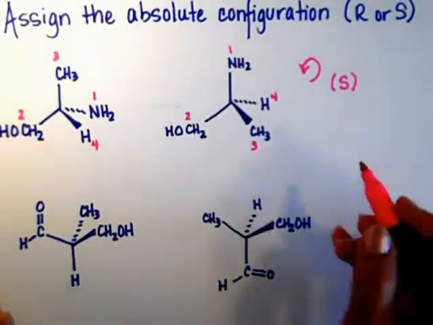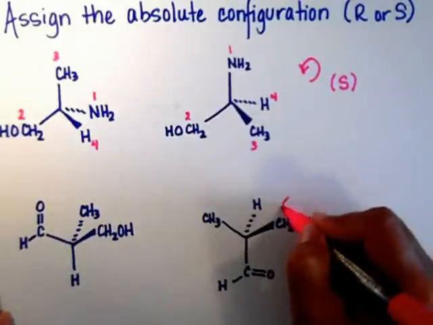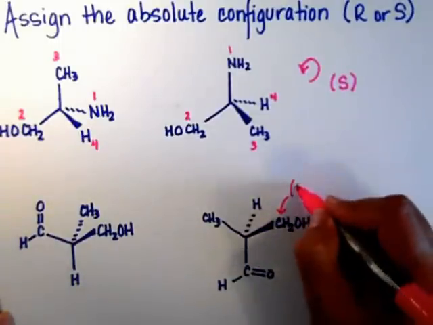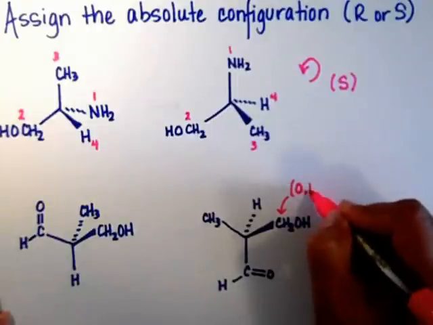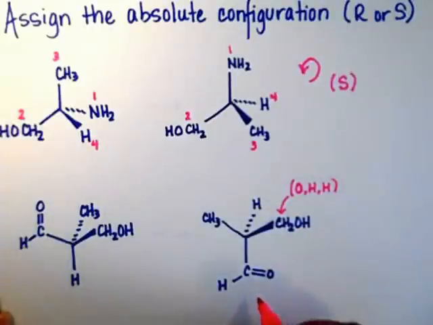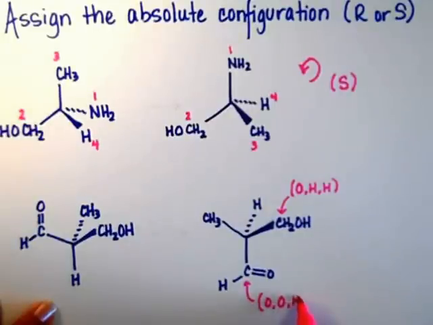If you use the parentheses method, this carbon is attached to an oxygen and 2 hydrogens. This carbon of the aldehyde, since it's double bonded to an oxygen, we put 2 oxygens, 2 bonds to 2 oxygens, and it also has a hydrogen.